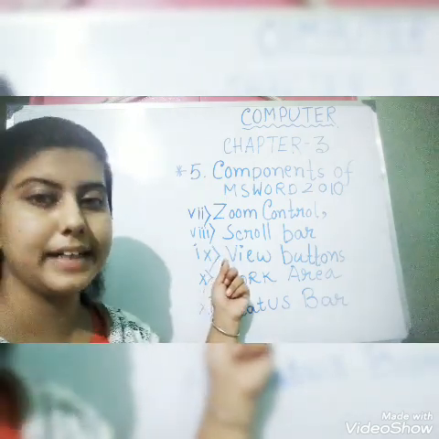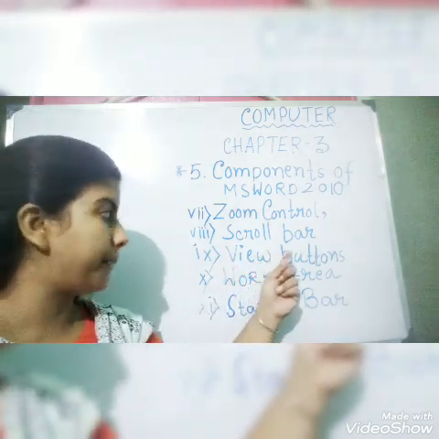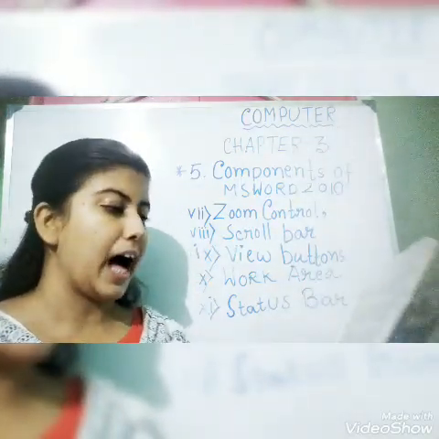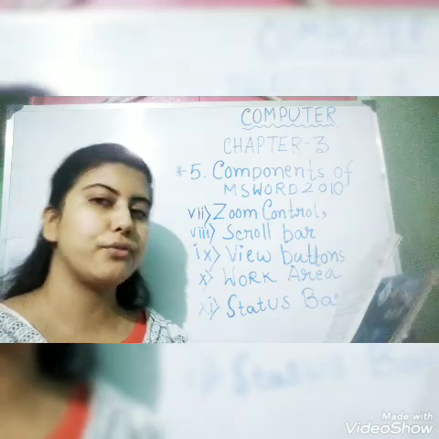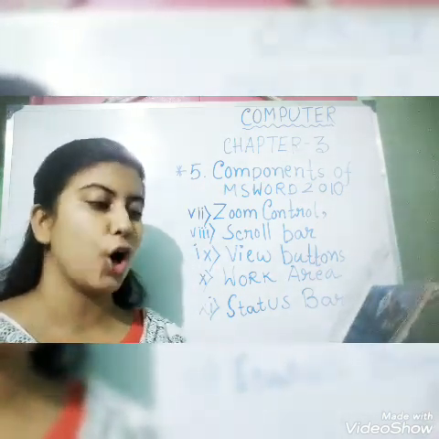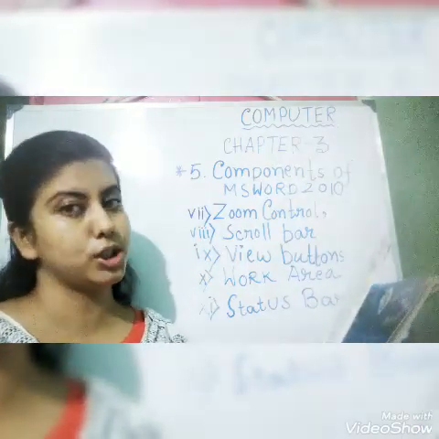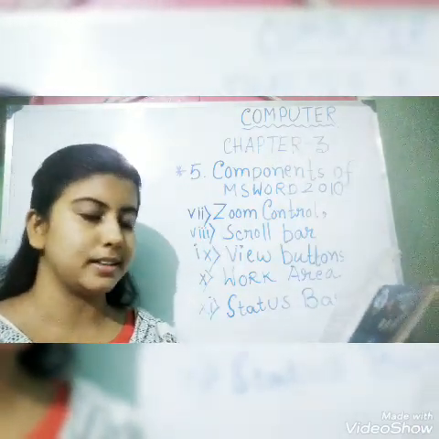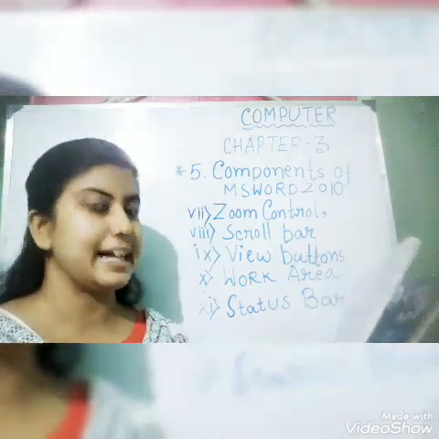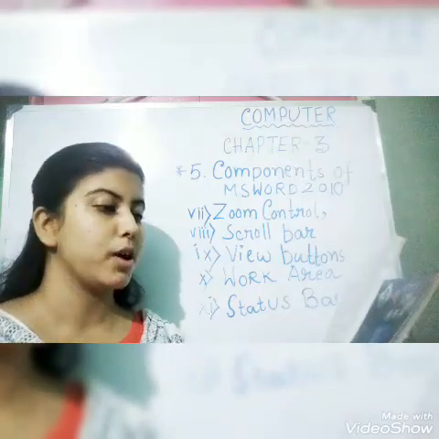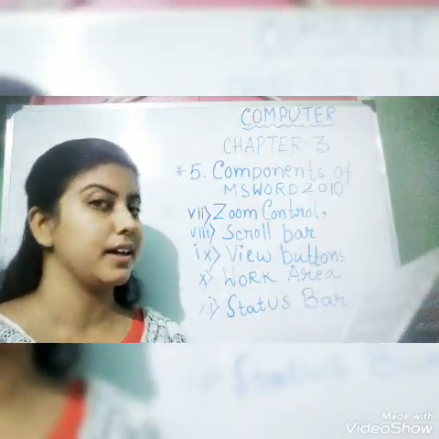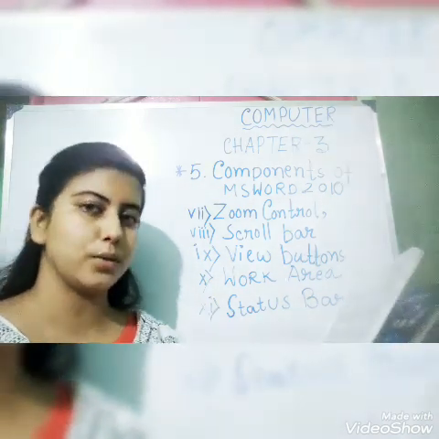Now, number 9, view buttons. View buttons are the group of 5 buttons found on the left of the zoom control near the bottom of the screen. It lets you choose from various view buttons provided with MS Word 2010.